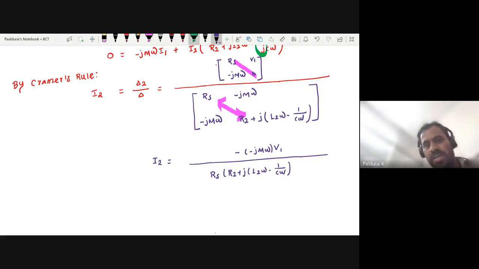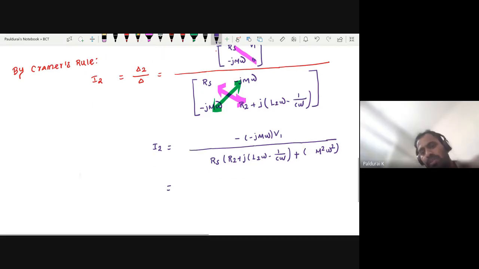And after that you want to multiply these two. Obviously minus minus becomes plus. Already you are having one minus j squared m squared omega squared, right? So j squared is minus 1, so right away can I write plus m squared omega squared, right?